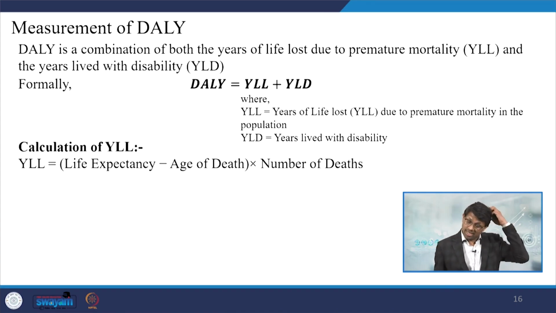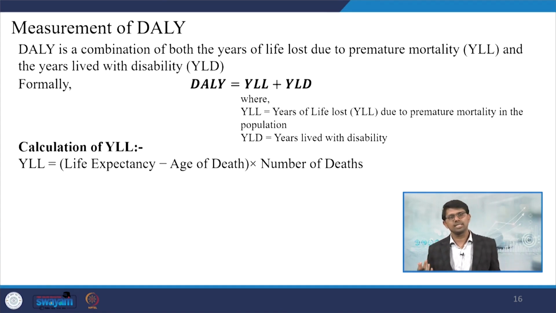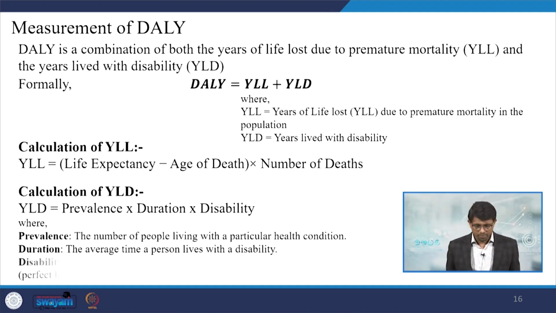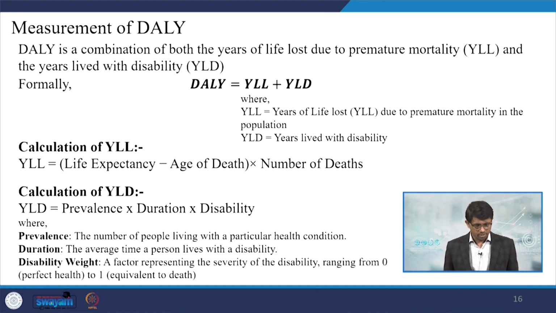So, what is YLL then? YLL is basically the life expectancy minus the age of death, times the number of deaths in a time frame. The calculation of YLD is mentioned through the prevalence, duration and disability.